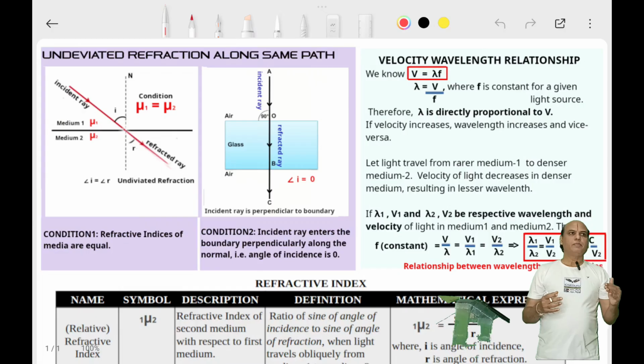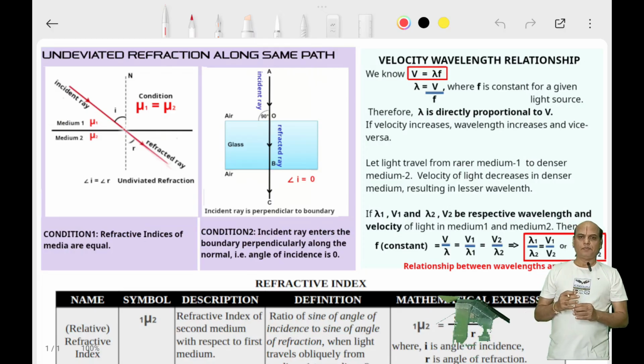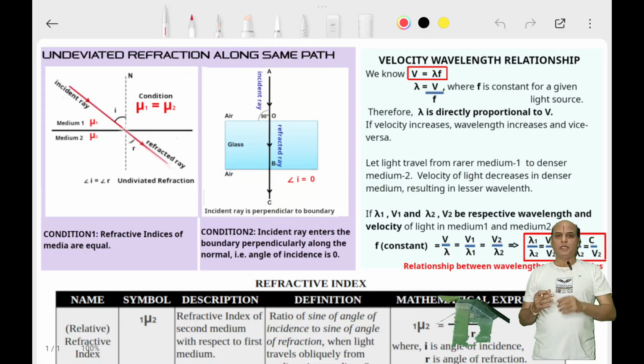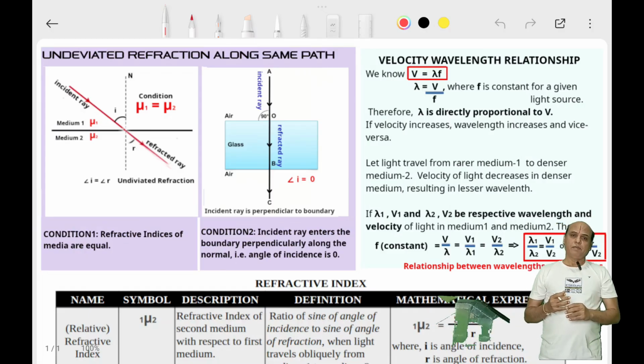So when the light ray moves into a denser medium, its speed reduces and the refracted ray tends to move towards the normal. Whereas when the light ray is incident in a denser medium, hits the boundary surface and moves through the rarer medium, the velocity of light increases.